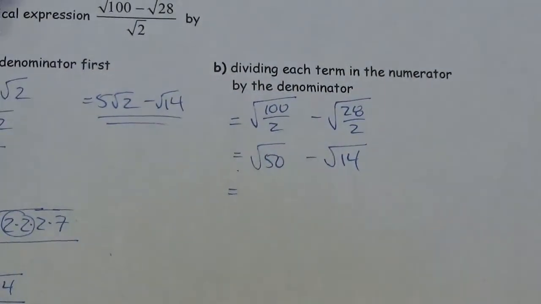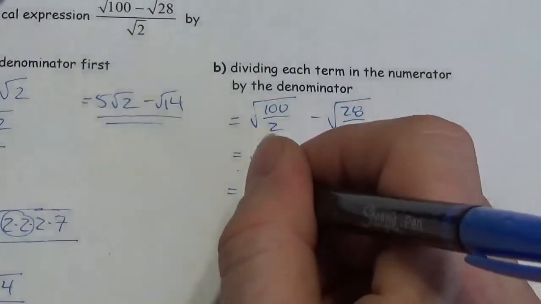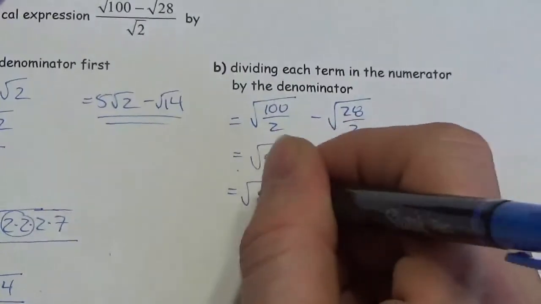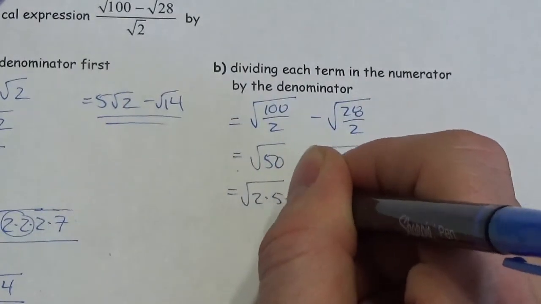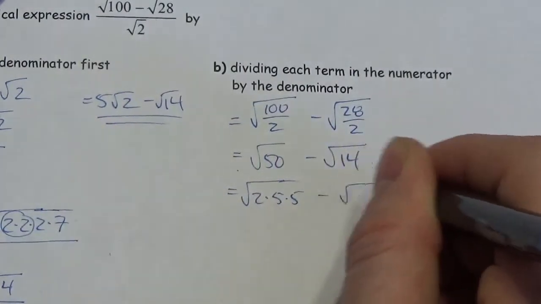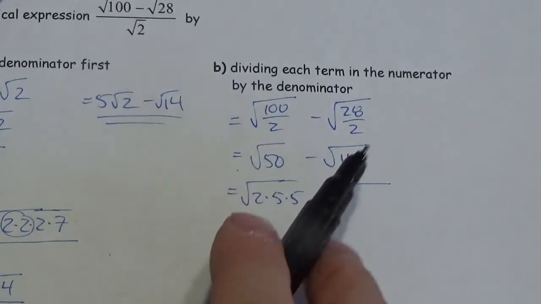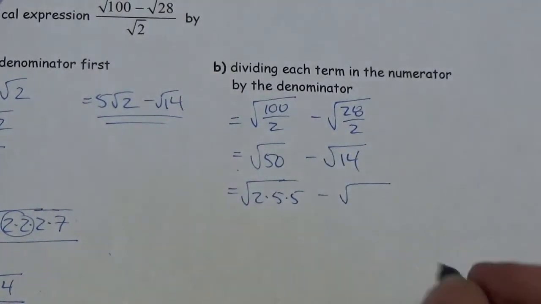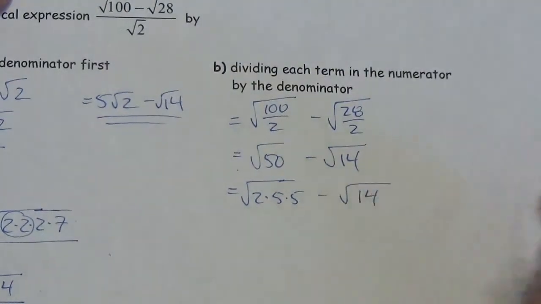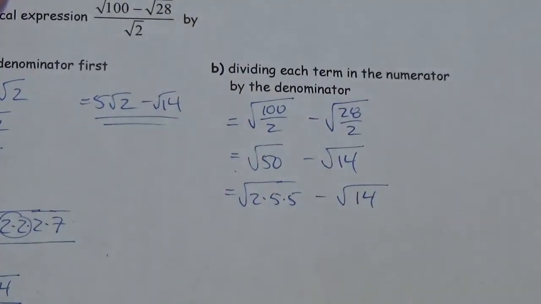These are nice smaller numbers here, so I'm comfortable with this. I know that 50 is 2 times 25, which is 5 times 5. And I know that 14 is 2 times 7. And so there's no repetition in the factors there, so that's as good as it's going to get, root 14.